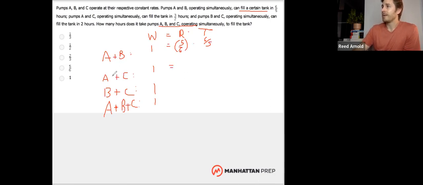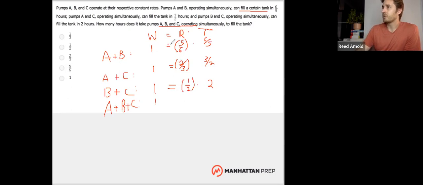I'm going to do the same thing for when A and C are working together. When A and C are working together, they fill the tank in 3/2 hours. That means their rate is 2/3. They do 2/3 of the tank every hour. And when B and C are working together, they do the tank in 2 hours. That means that working together, they do 1/2 the tank every hour.